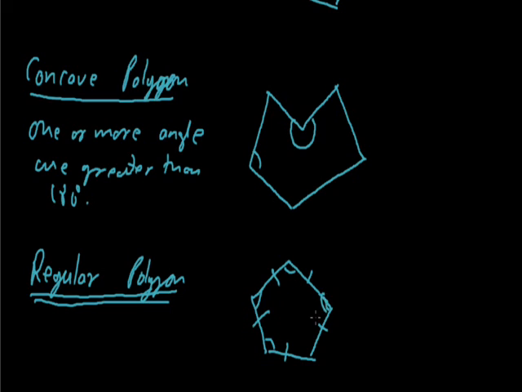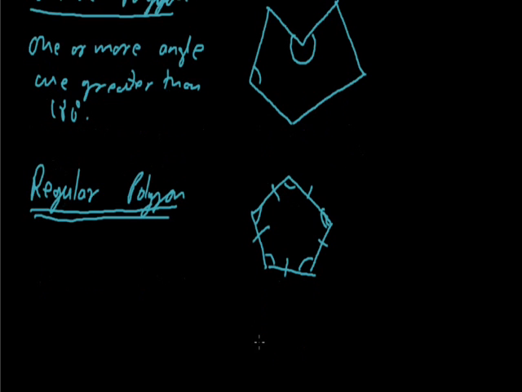If in a polygon the lengths of all the sides are equal as well as all the interior angles are equal, then the polygon is said to be regular. These are the conditions for a polygon to be regular.